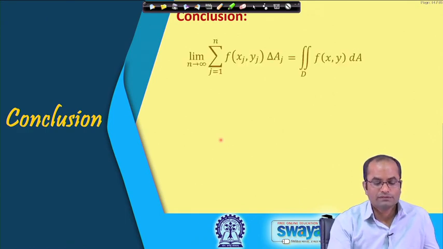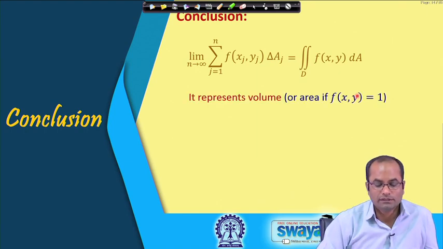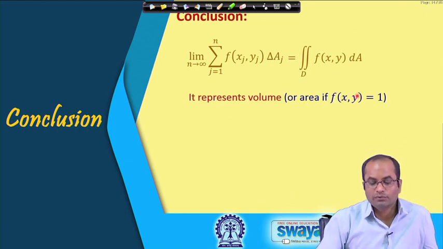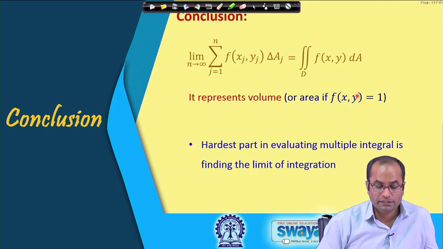So, the conclusion is we have seen the definition of the double integral, which represents the volume, or if we set this function to be 1, it can also represent the area of the domain D.